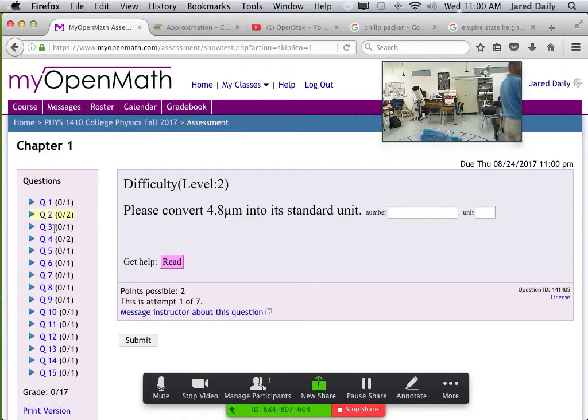In this one, you're just converting to meters. And that's a micrometer, right? So that's in there. And the standard unit is meters. So how many meters is 4.8 micrometers? We do the conversion. There's 1 million micrometers per meter, or 1 meter per million micrometers. And then you do that unit conversion.